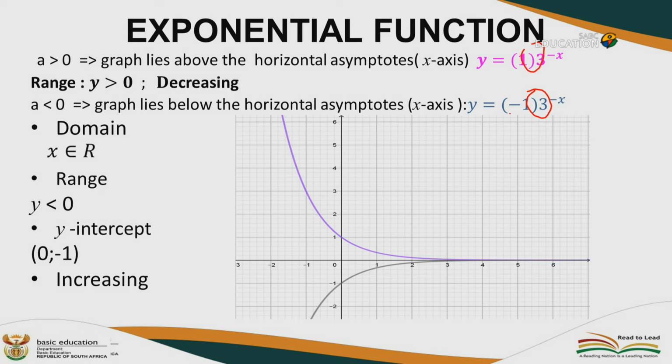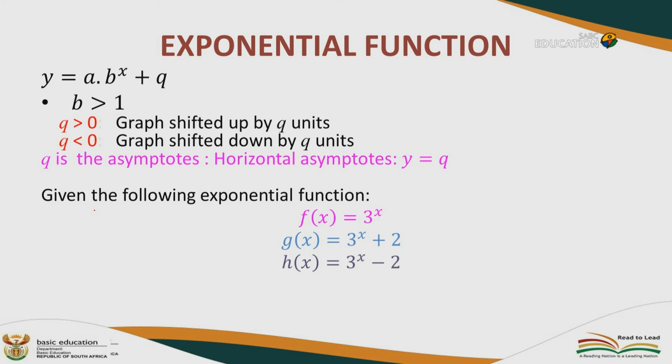So the domain still remains the same, but the range is y less than 0. It was decreasing, it becomes increasing. We can see it increases without bound. The y-intercept is (0, -1). So we can conclude that.